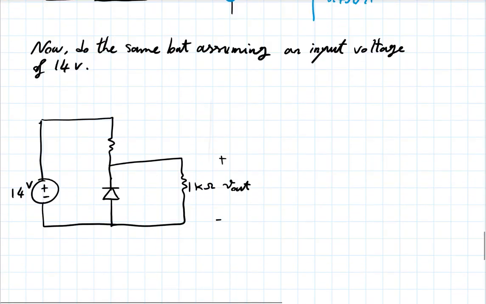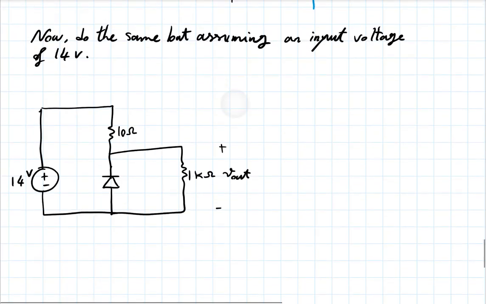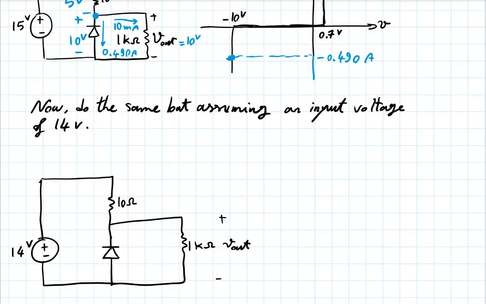So this was 10 ohm. Same diode. So let's see. With the insight I have from the previous circuit, maybe I'll start with the guess that the output is, again, in that range of the diode breakdown. Let's see if that works out.